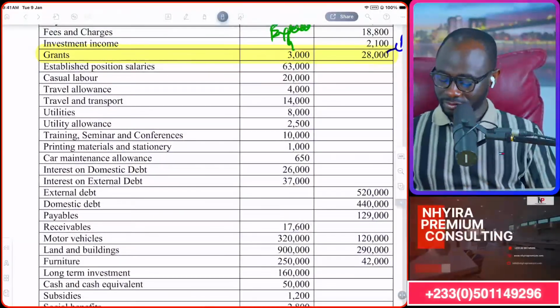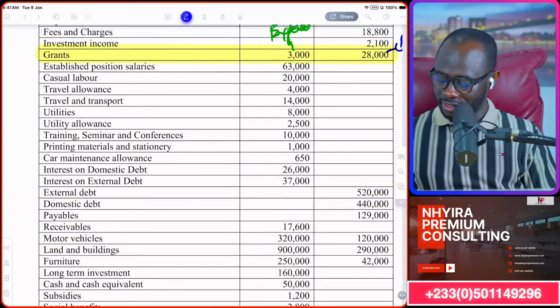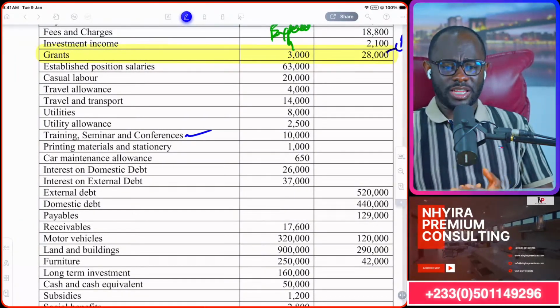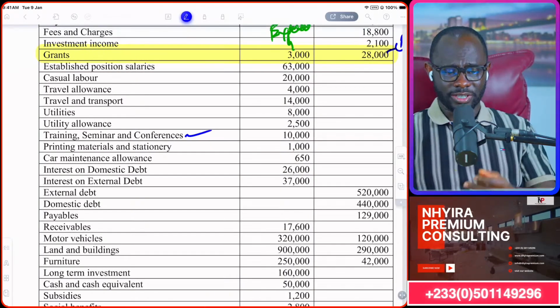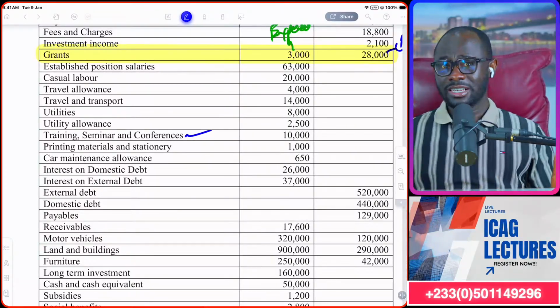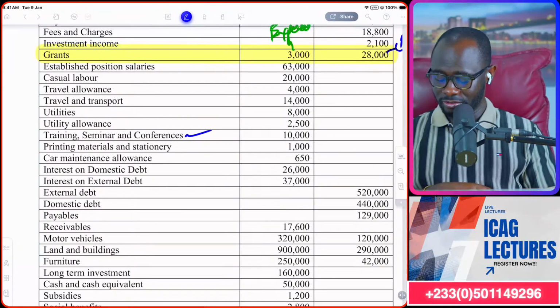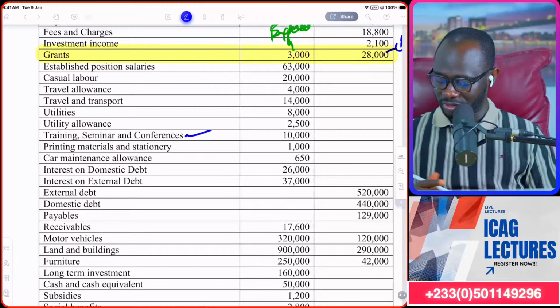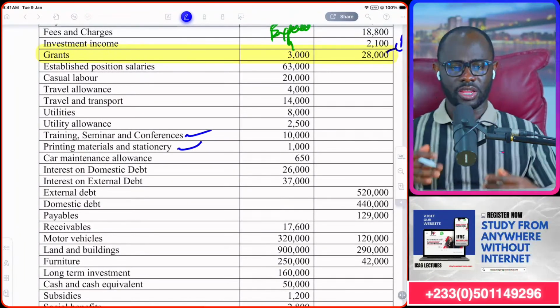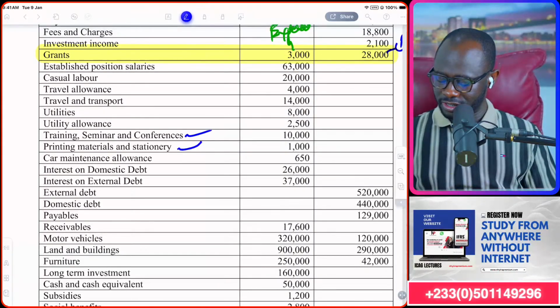Next one, training and seminars and conference. So that's part of the day-to-day administration of government. One of the useless things that we do in this part of the world that sometimes has no bearing on economic development. Printing, materials, and stationery. That will be part of goods and services.